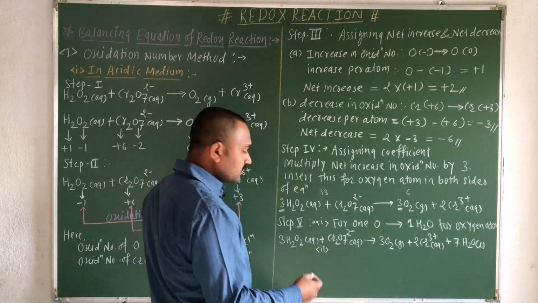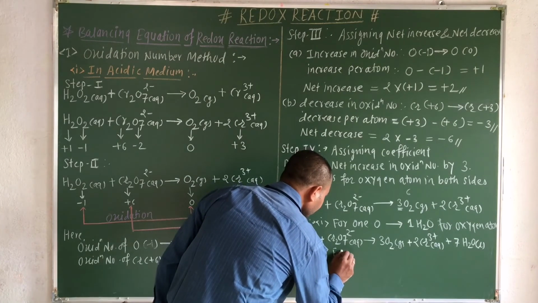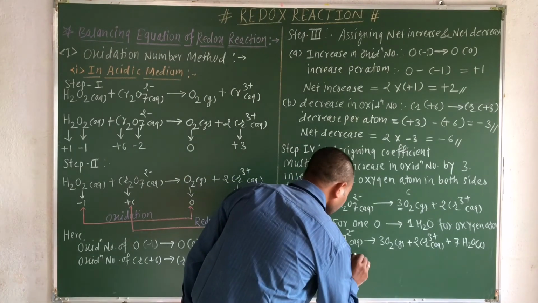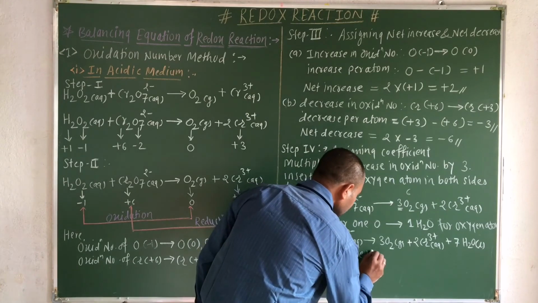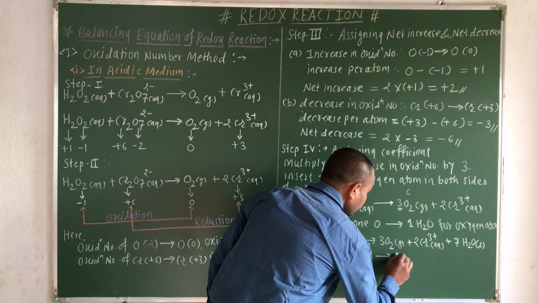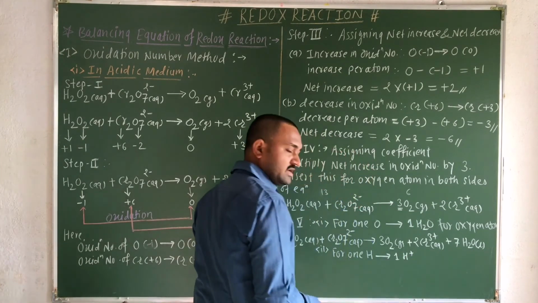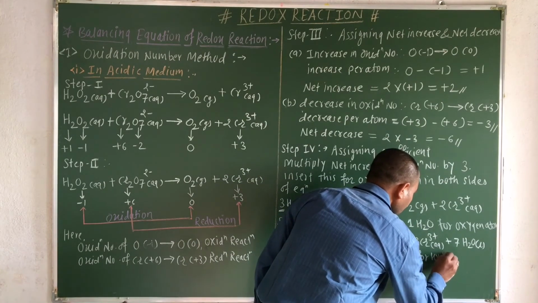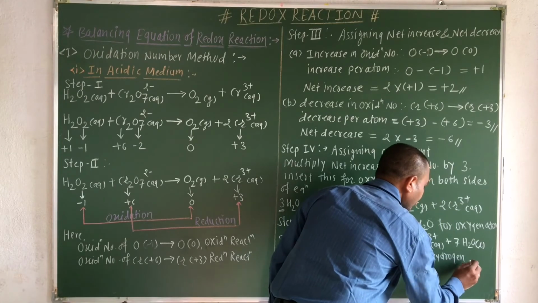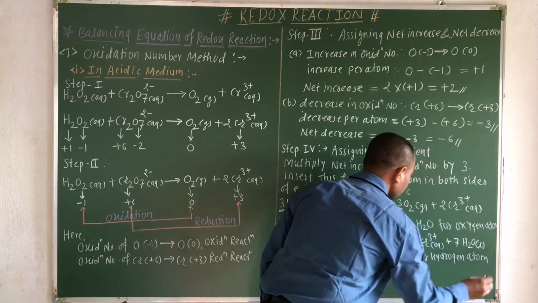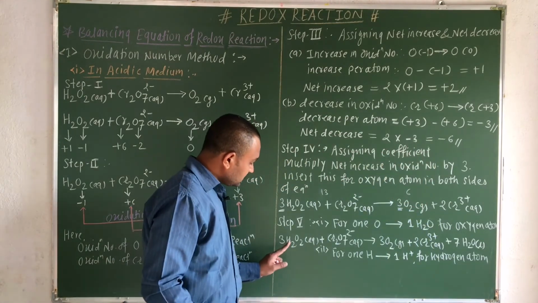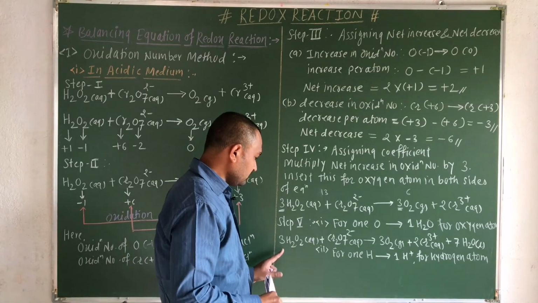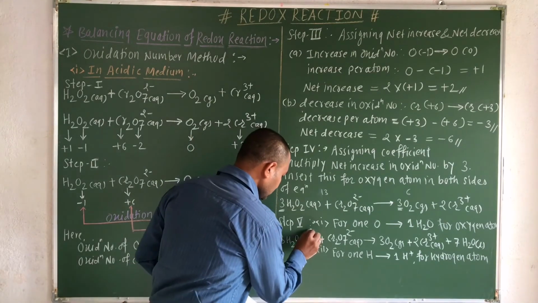And what does our rule say? For 1 hydrogen atom we have to add 1 proton. I am writing it in short. This is for the hydrogen atom. So again count the hydrogen atoms on both sides of the equation. Let us count: 3 into 2, 6 hydrogen atoms on the left hand side.